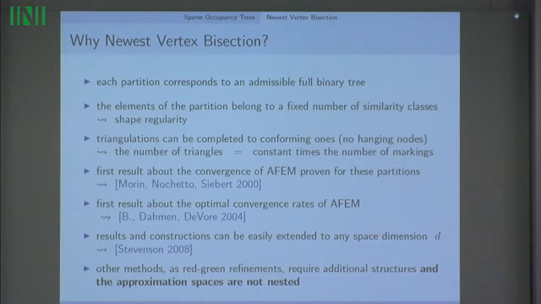The basic property is that the approximation spaces are nested. Before that, there was the red-green refinement, which does not have nested spaces. In addition, it allows extension to d dimensions, which I'll discuss a little bit further.